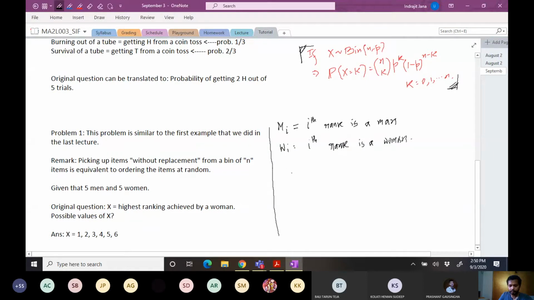Okay. Now the event that probability x is equal to 1 is nothing but the first rank is achieved by a woman, which is probability of W1. Out of 10 people there are 5 women, so the chance is 5 over 10, which is 1/2.